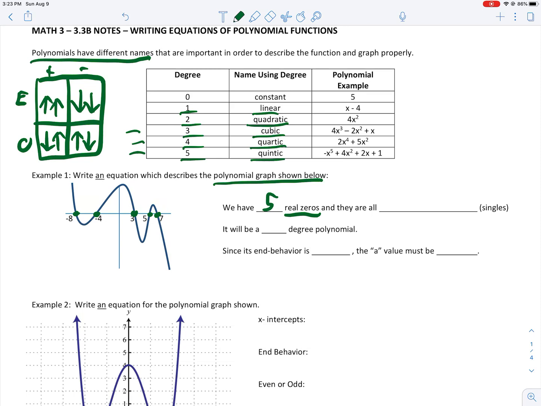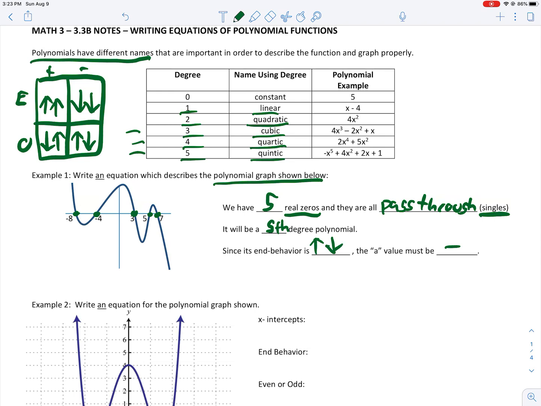Notice that all 5 of them pass through, so they are what we call single multiplicity. That means it's going to be a 5th degree polynomial. And since the end behavior is high to low, the a value must be negative.